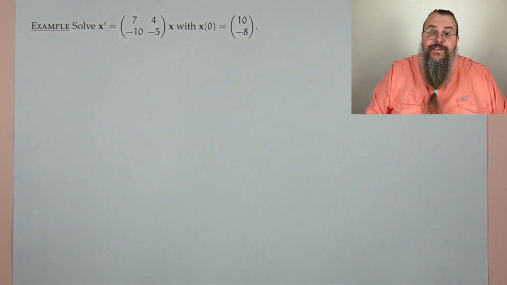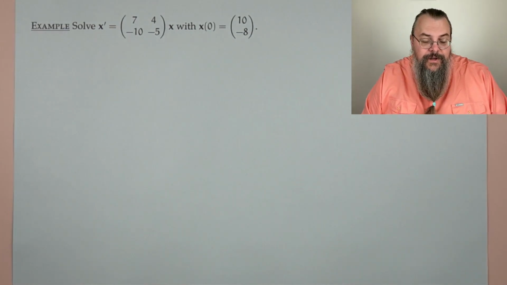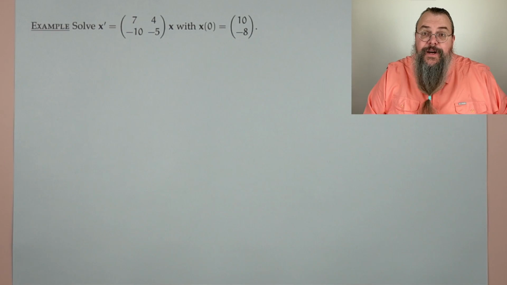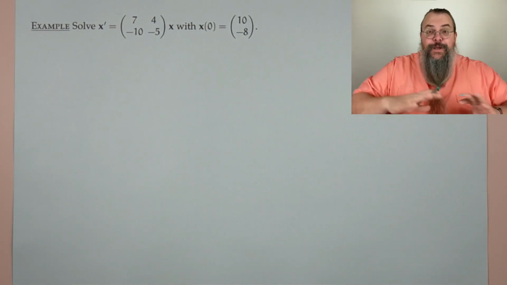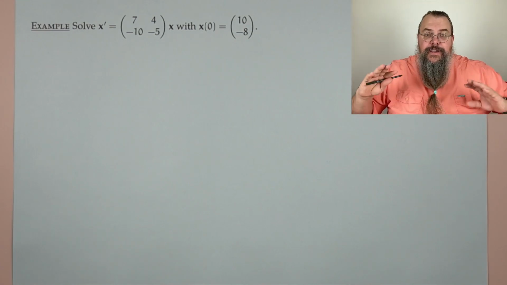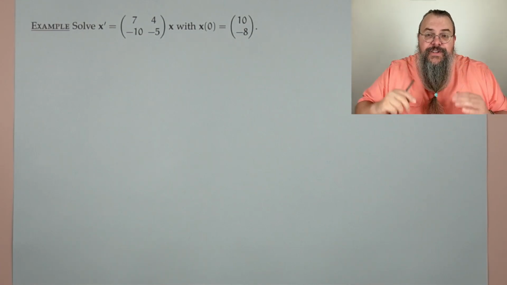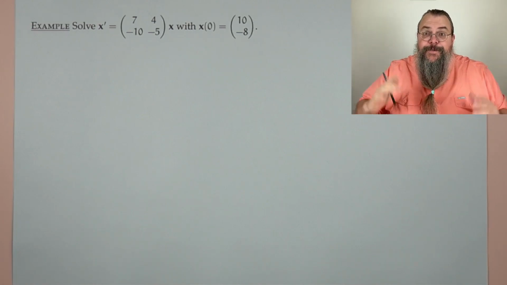All right, so what do we do? Well, let's run through the process. Now, we kind of know complex things are coming, but we may not know on a test beforehand. So we're not going to put ourselves in the complex mindset yet. We just say, look, find eigenvalues. That's our first step.